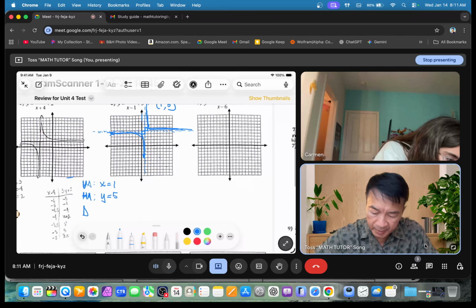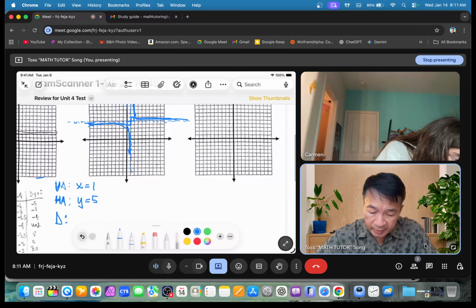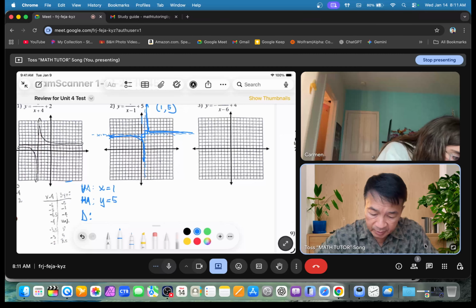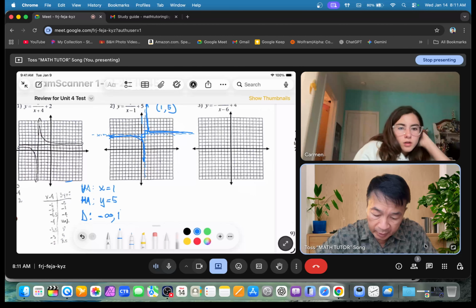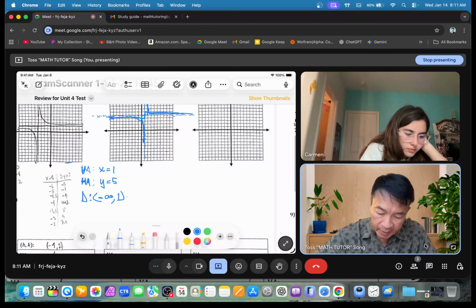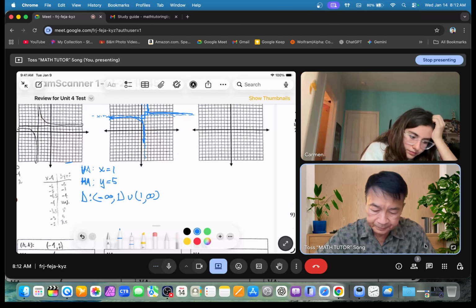So the domain, based on the picture. Based on the cutoff with the asymptote, you can see that it's negative infinity all the way to 1, not including. Then there's a cut at 1, so a union, and then from 1 to positive infinity.